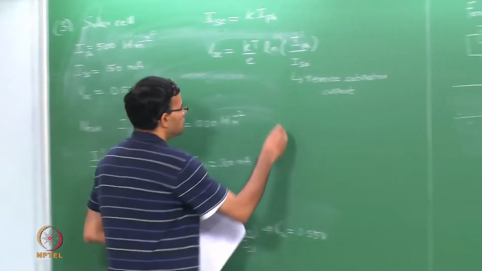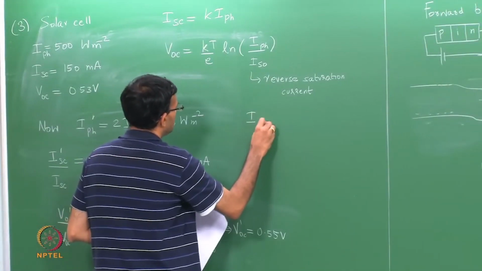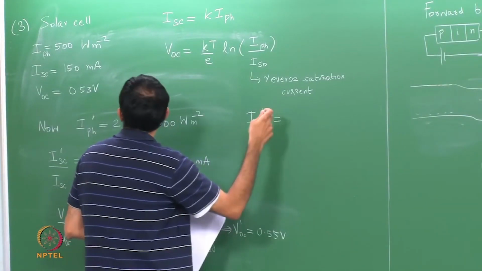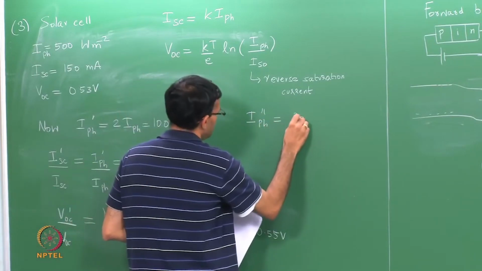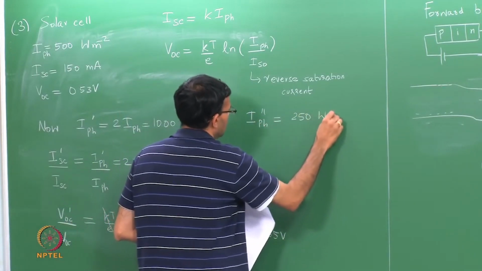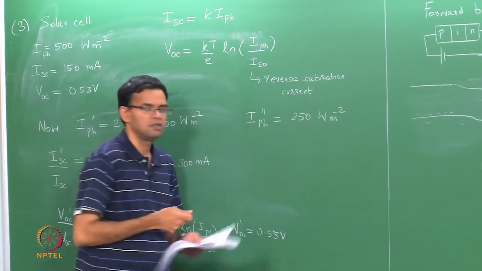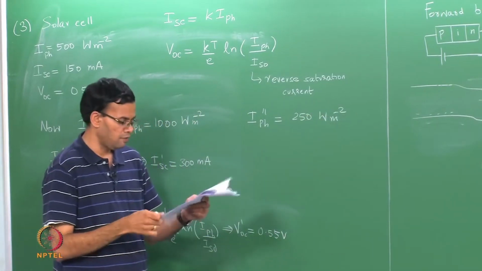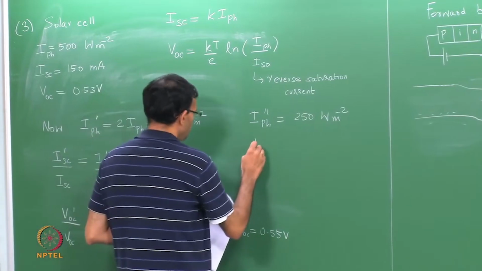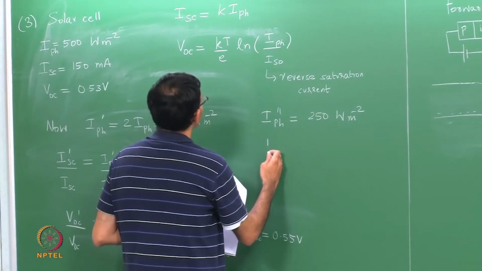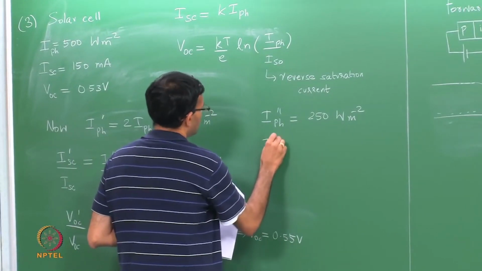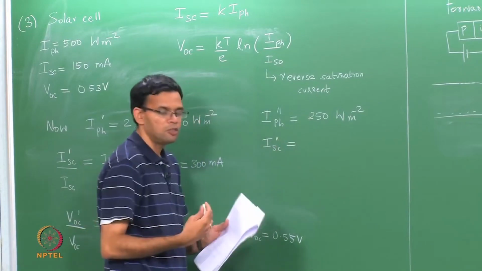So, we now have a situation where instead of doubling the photon intensity, we are reducing it by half. So, IPH is nothing but 250 watts per meter square. So, we have reduced it by half. So, the new short circuit current ISC double prime will also be half.